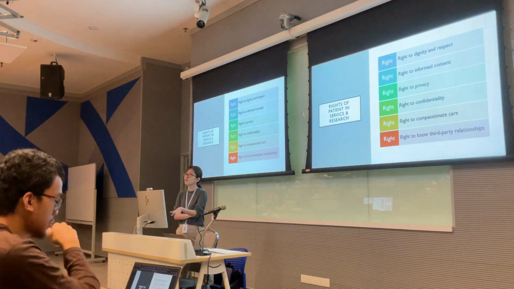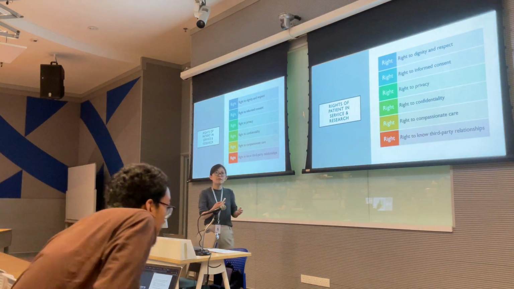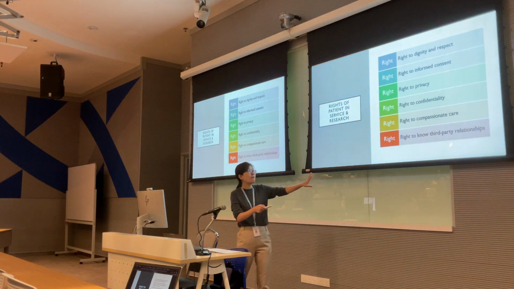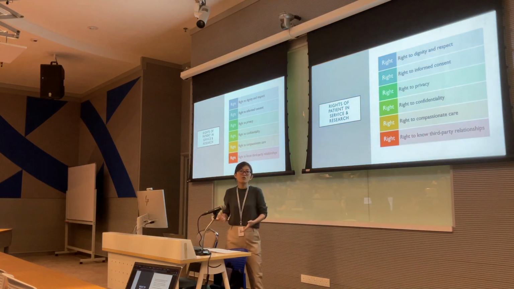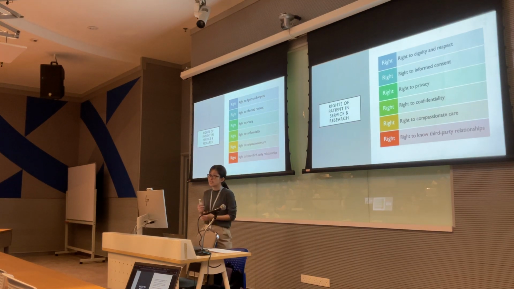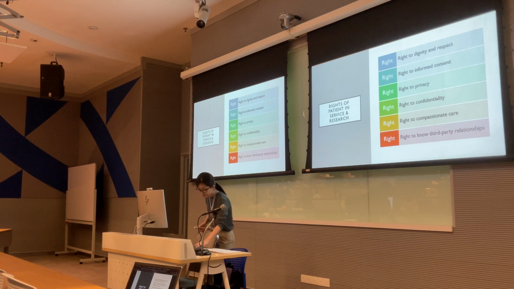They have the right to know, because all this is for them to build up their trust. If you are partnered with a hospital with a bad reputation, this may influence their decision. They have the right to know all the information before they make their decision.